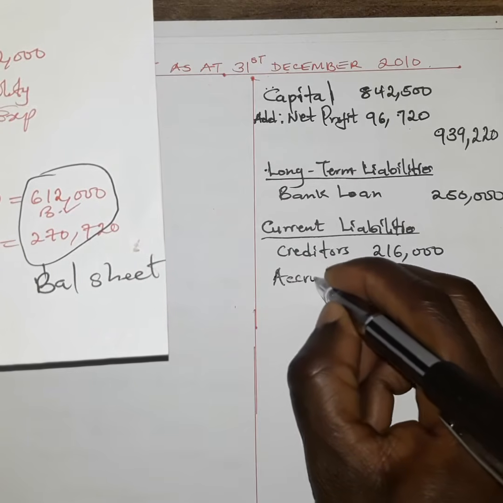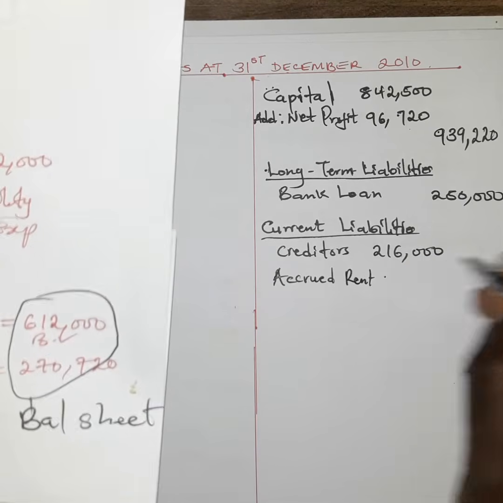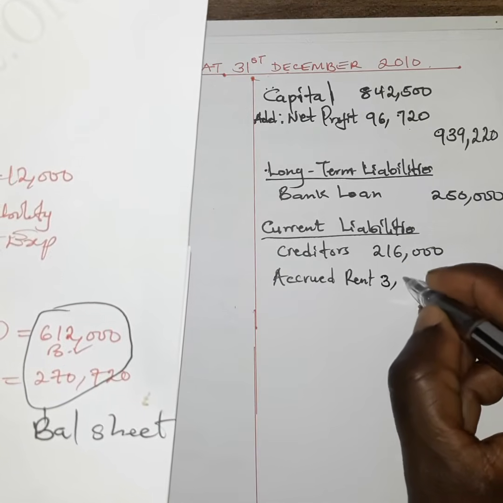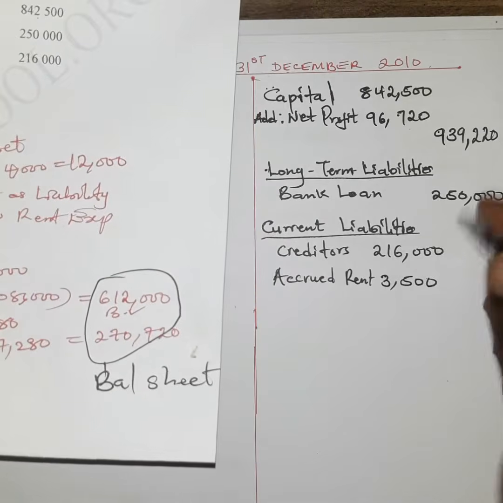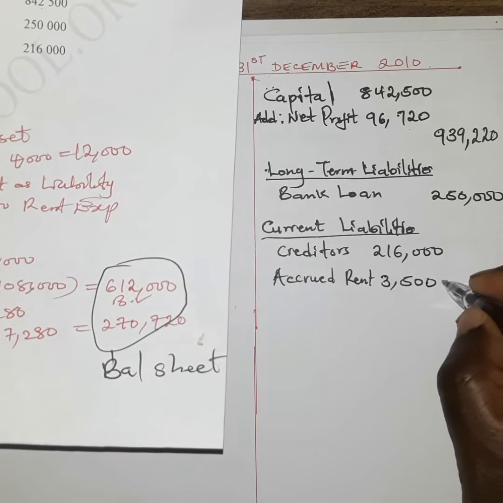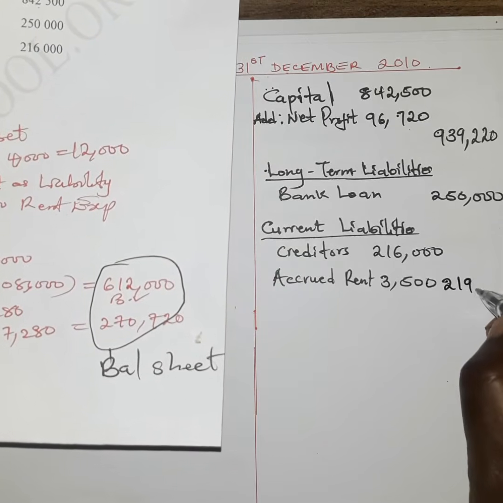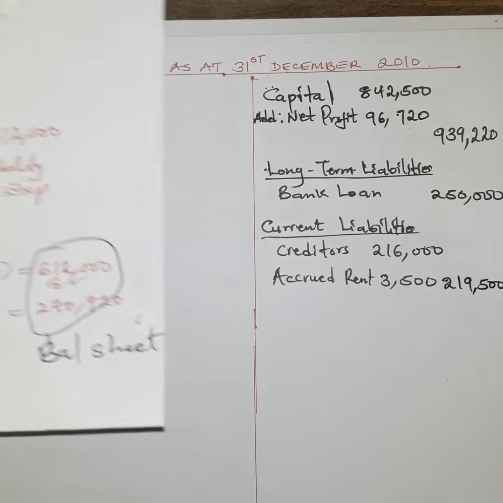So we have accrued rent of an amount of 3,500, and when you add these two, we get a value of 219,500.